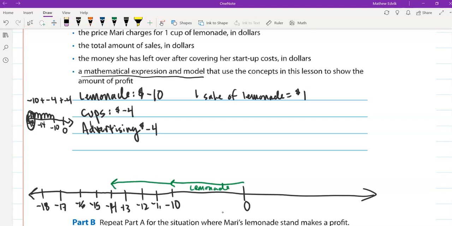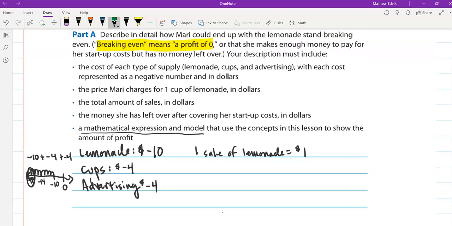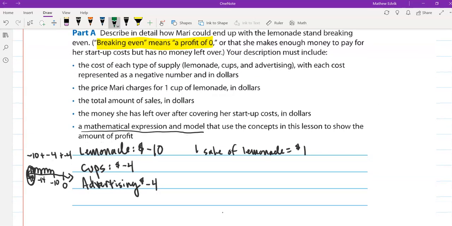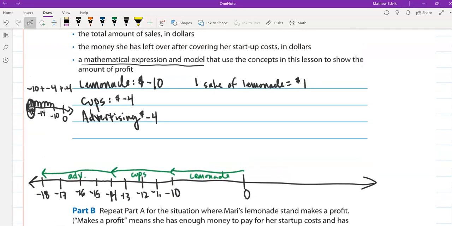And this is what she spent on advertising. And so the question is, describe how she could break even. So far we've described she spent $10 on lemonade, 4 on cups, another 4 on advertising.